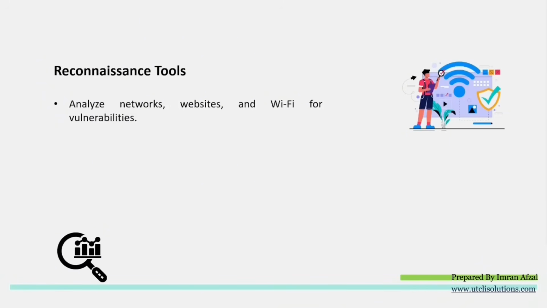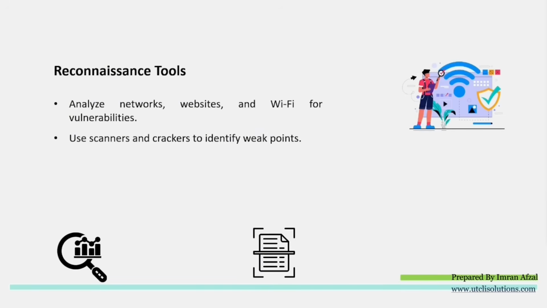Well, vulnerability scanners are handy for pinpointing weaknesses within a system, such as unpatched software or misconfiguration, which can be exploited. They can also use password crackers to guess or brute force their way into protected accounts, gaining unauthorized access to sensitive information. Well, a port scanner also allows them to check which network ports are open, revealing potential entry points for launching an attack.